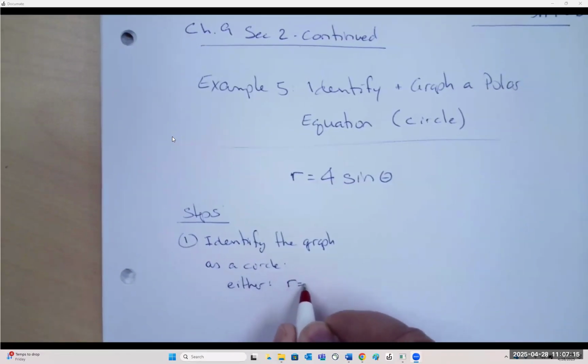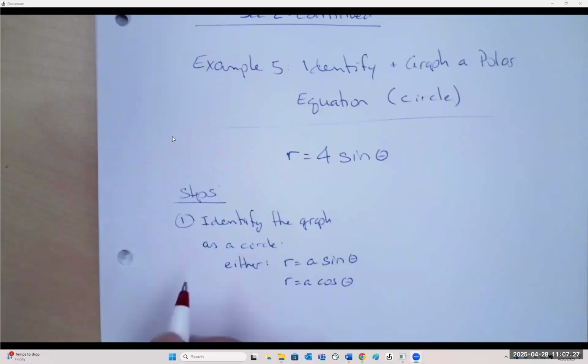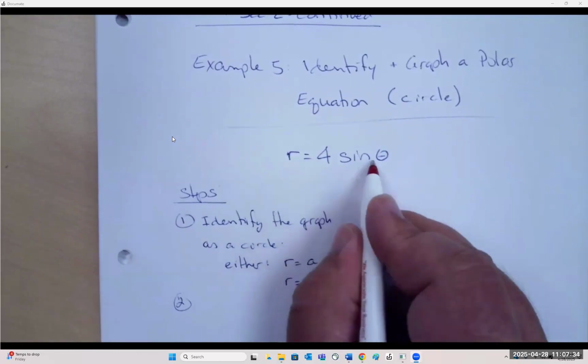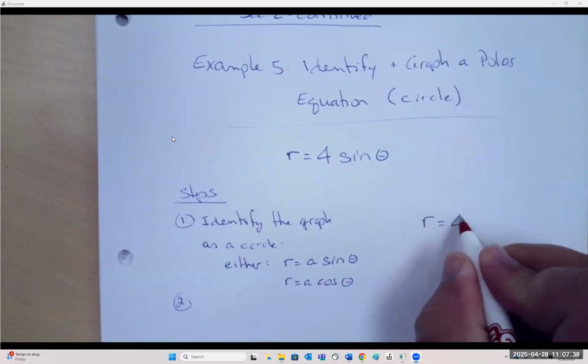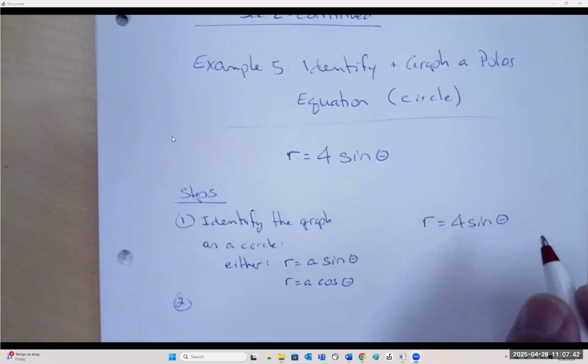Either it has to be defined as a sine theta or a cosine theta. Okay, we have sine theta. So we have a sine theta. So next step. So we have r equals 4 sine theta.